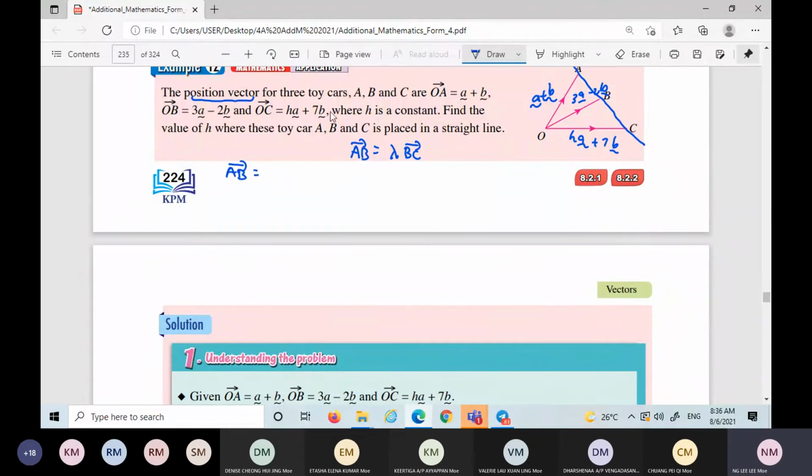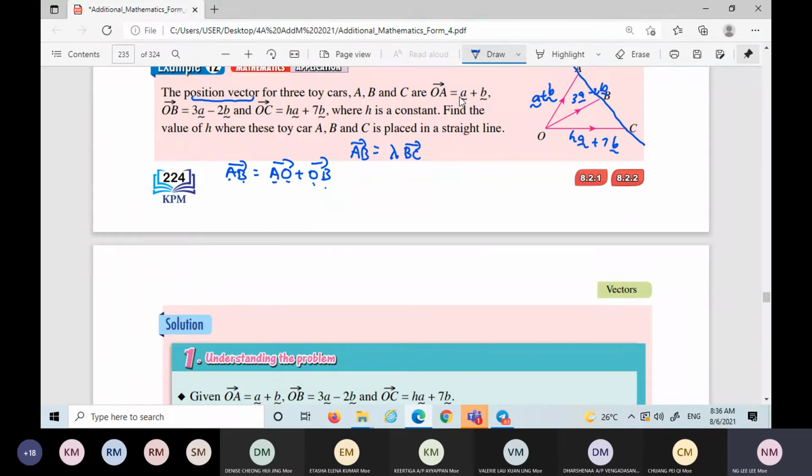For AB, because this is a position vector, you do it this way, involving the O. So A to O, O to B. You see or not? This is the resultant vector. Now I write what can form this resultant vector. What is the path that I can take? In between AB, what must be the same? The common here is the O, so I choose O. But I don't have AO, I have OA.